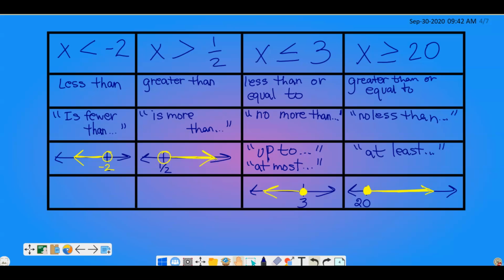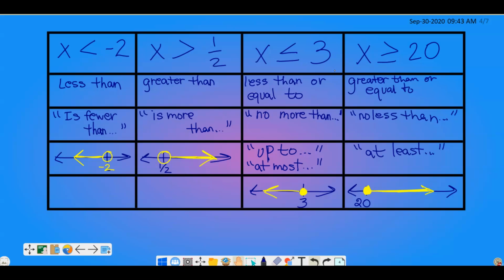Up to means, once again, it's up to 3, which implies that it could be 3. And then last but not least, at most 3. And here's a graph of a less than or equal to. You've got our line, you've got your number value, you've got a solid circle, a closed circle, and then once again, you've got the arrow pointing in the correct direction.